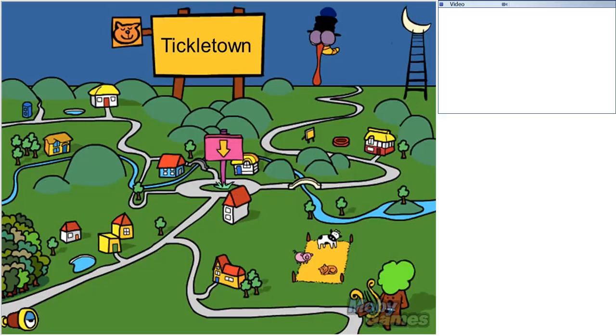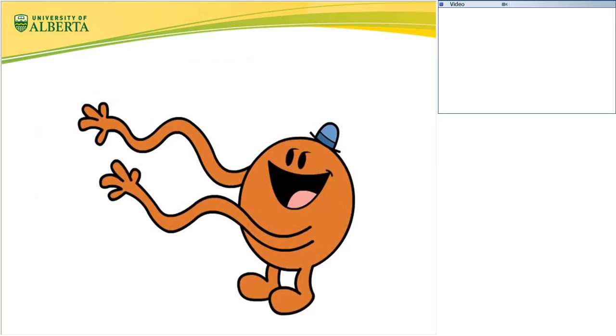And if you will indulge me here, I'd like to go back to a place that has its role in our childhoods. And this is Tickletown. And I'm drawing here an example that one of my colleagues, Geoff Wong, has used before. And Tickletown, which if you're a fan of the Mr. Men will know, is the place where Mr. Tickle lives. This is Mr. Tickle.